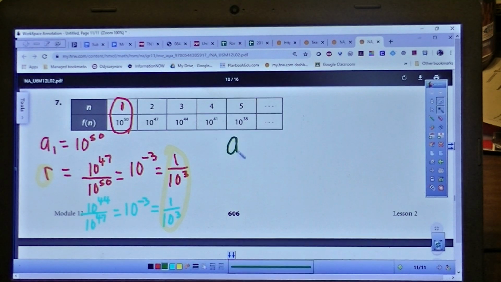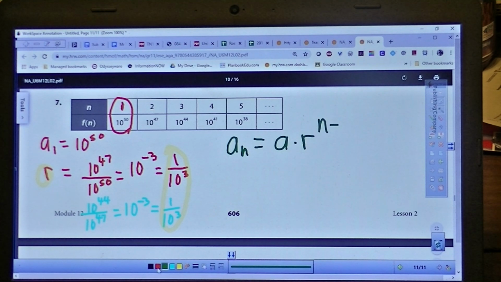So A sub n equals A times R to the n minus what? 1. I'm not going to finish this one out. I'm just going to set you up, and you have to put in those values.